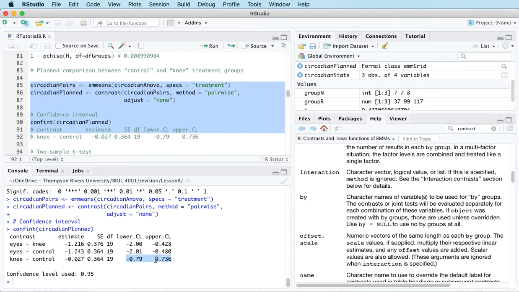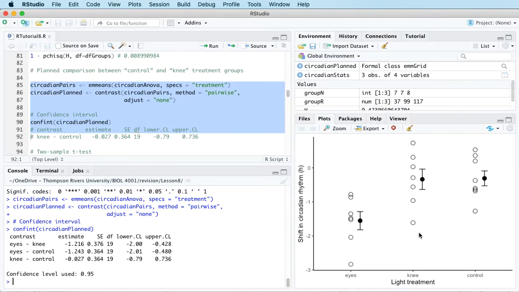And so 0 is inside that interval. It's pretty close to the middle of that interval actually; the middle of the interval is minus 0.027. What that's telling us is that the observed mean phase shifts of the control and the knee treatment are consistent with no real difference in the population means. Or if there is a difference, it's very, very modest.